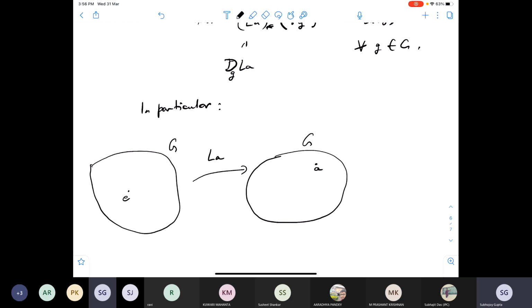If I pick an A, this left translation by A will send the identity element there.